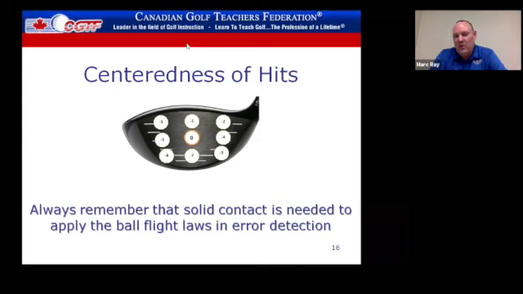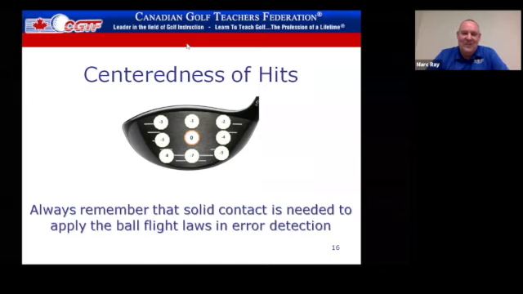If you don't have solid contact, don't judge the flight of the golf ball, because if it hits off the hosel, it might not necessarily be what you think it was. And if it's off the toe or off the heel, or if they hit it off the top of the golf club, I've seen that, denting golf clubs in. You have to have quality contact before ball flight laws are important.